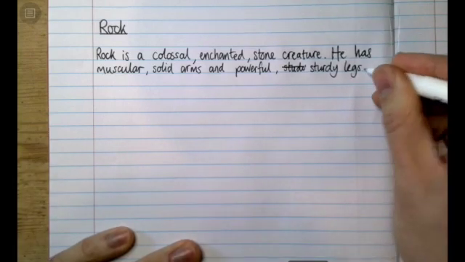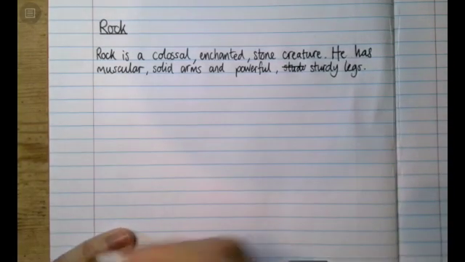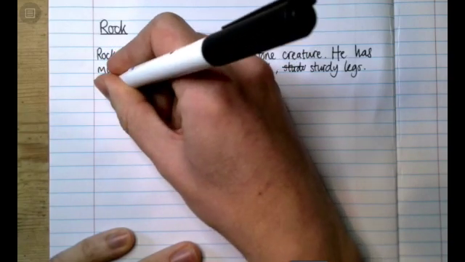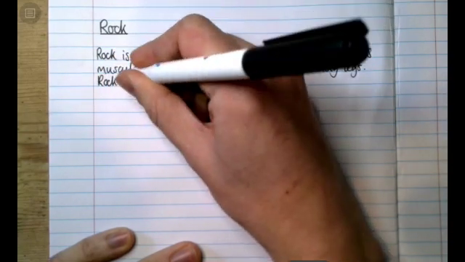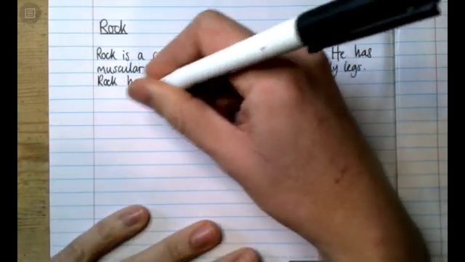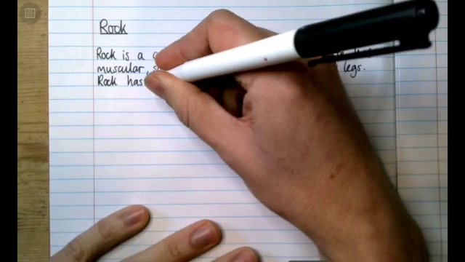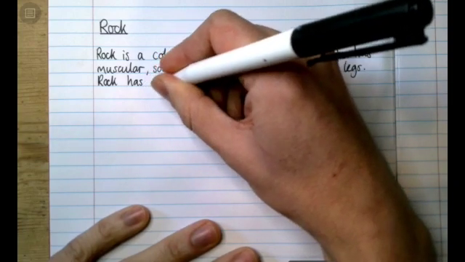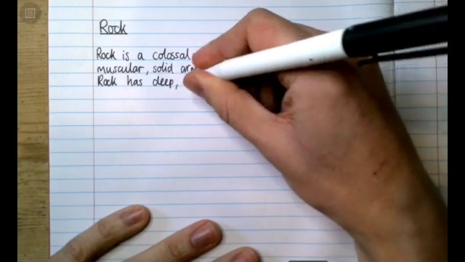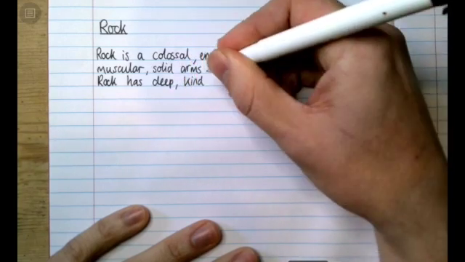Okay. It said about his eyes. He has 2 eyes on his face. So let's go for Rock has. Now, how can I describe his eyes? I don't really know what colour they are, so I'm going to go for a different description. Let's go for Rock has deep, kind eyes. It's a kind creature, isn't he? He's not an evil one.